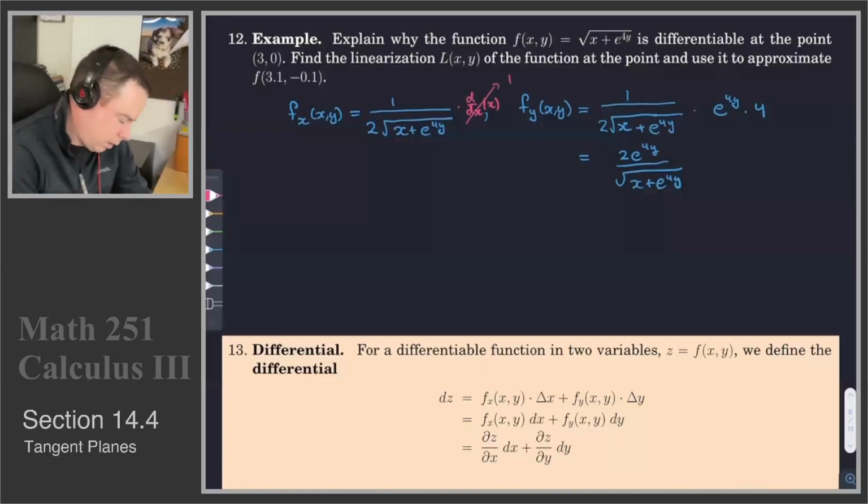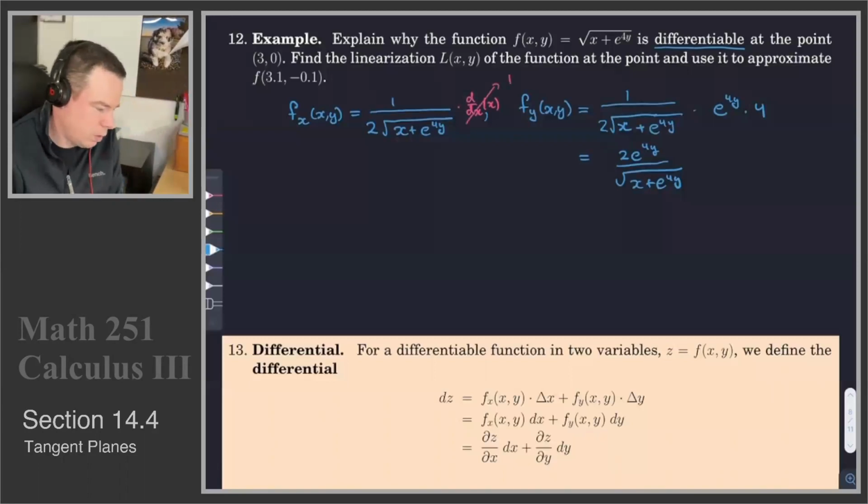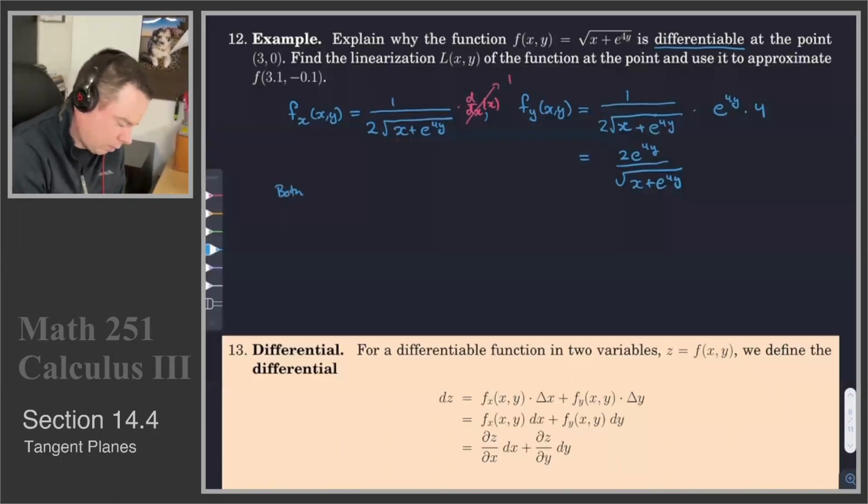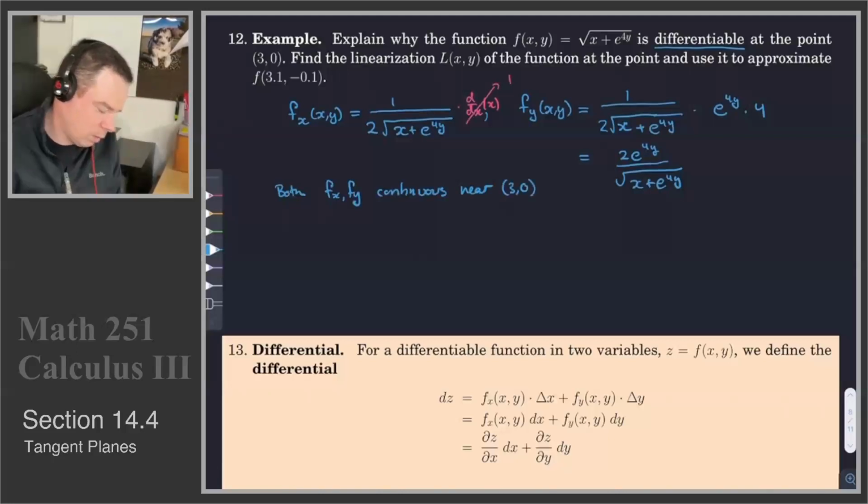Okay, so now we want to use that criterion. The question is, is the multivariable function differentiable? And the answer is, well, both f sub x and f sub y are continuous near the point in question, which is (3, 0). And the reason is, what's going on at (3, 0)?